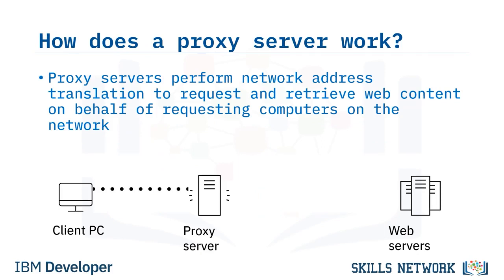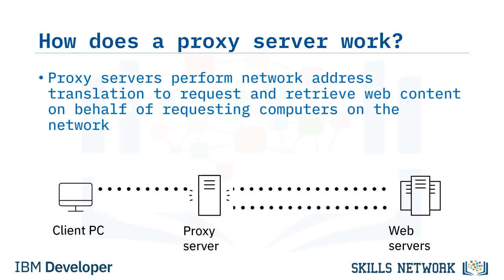Proxy servers essentially work by modifying the IP address information in a web request to web servers to make the request appear to be coming from the proxy server rather than from the original requesting client computer on the proxy server's network. So the proxy server makes the request on the client computer's behalf.